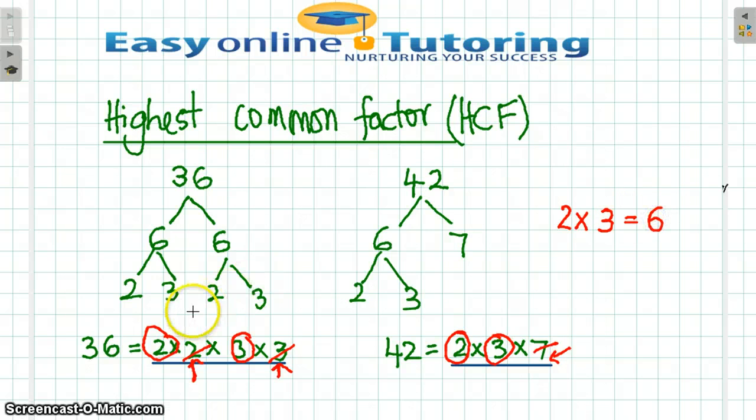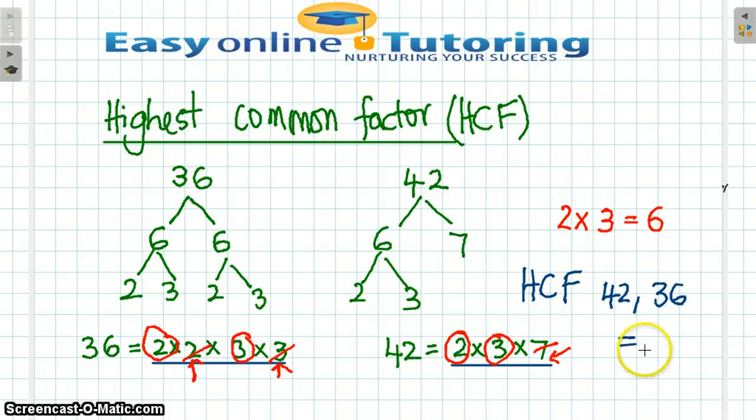And we find this in both numbers, both in 36 and in 42. So we can say that the highest common factor for 42 and 36 is equal to 6.